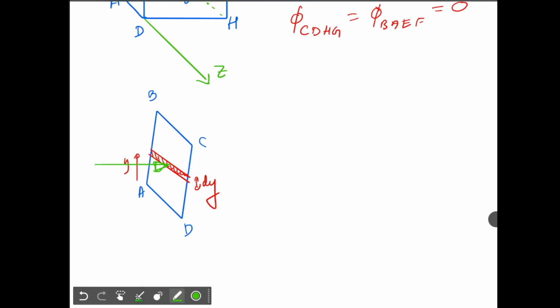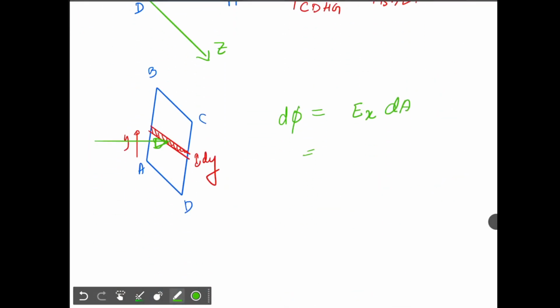So we will get negative flux. Now for the flux through the strip, d phi will be what? Electric field Ex into area of the strip dA. So Ex is how much? Y, and area dA is what? Length L into height dy. So L into dy. This is the flux d phi. So phi will be what?